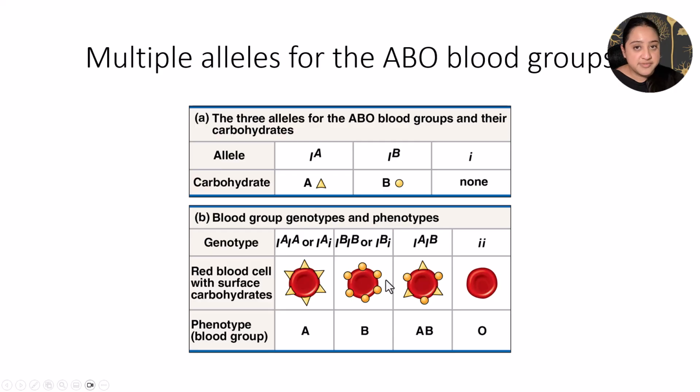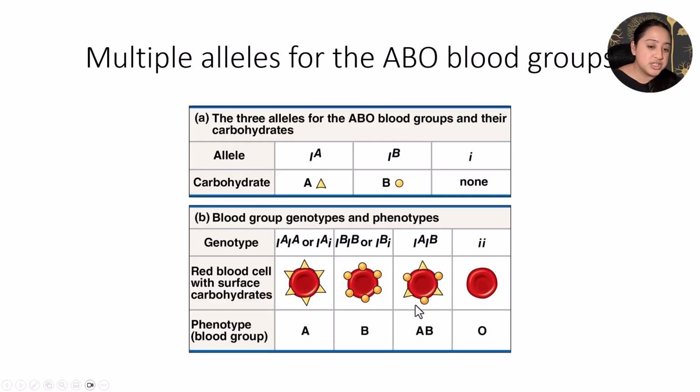Alternatively, you could be type B, and so type B either got both copies of the IB or IB and i. So that is an alternative method. And then in this case, if you are type AB blood, then you have both being expressed. You have IA and you have IB.